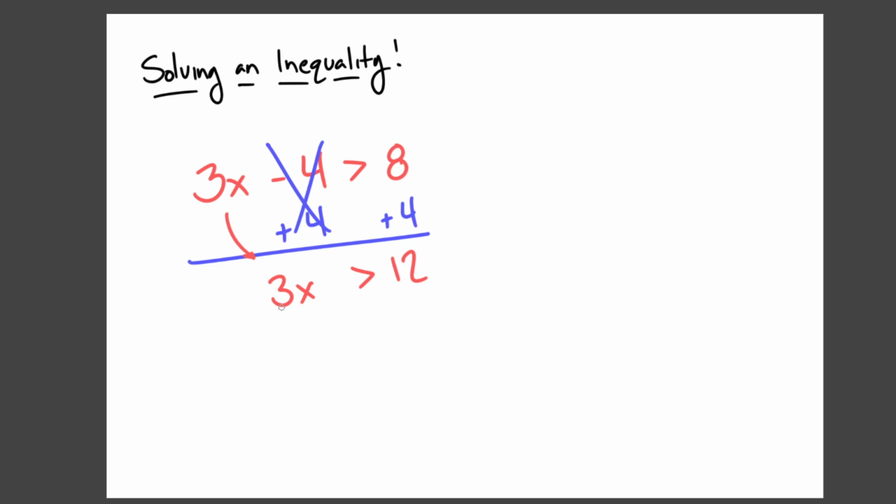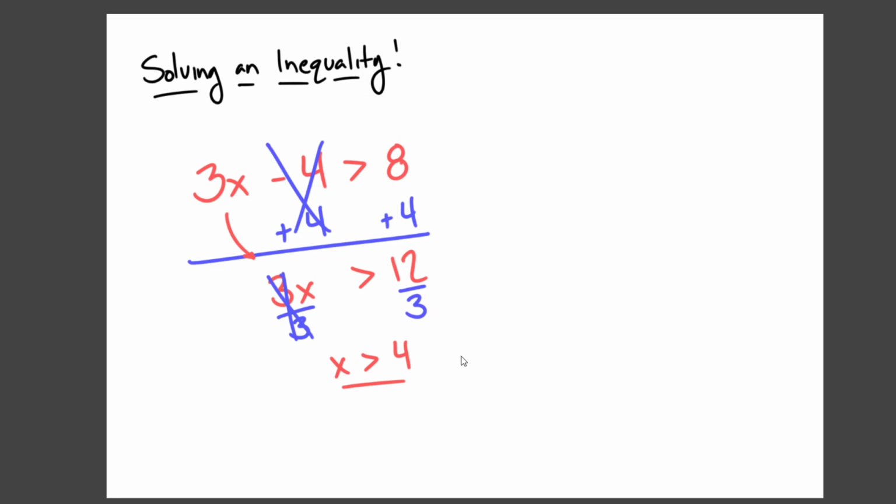Now I have 3 multiplied by x. The opposite of multiplying by 3 is to divide by 3. Divide both sides by 3. That's going to cause these 3s to cancel each other out, leaving me with just the x. So I'm going to have x is greater than 12 divided by 3, which gives me 4. And there's my answer: x is greater than 4.